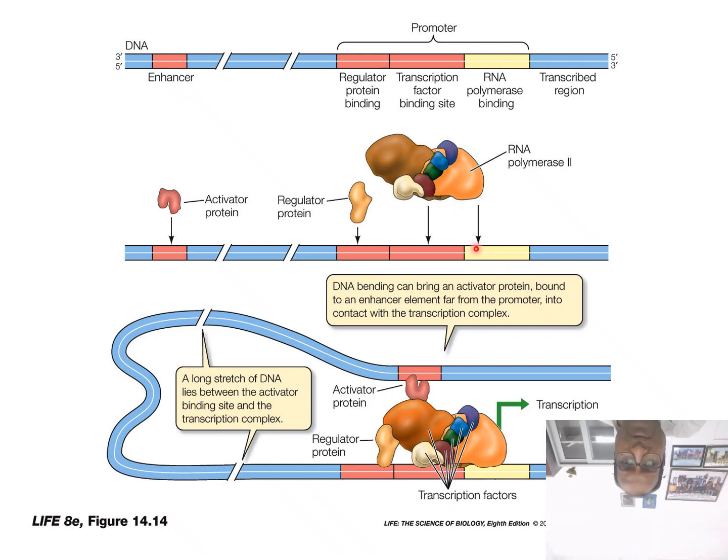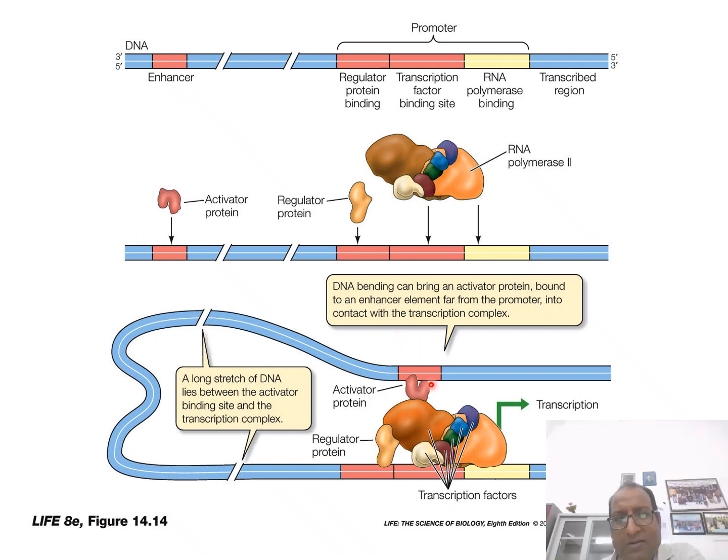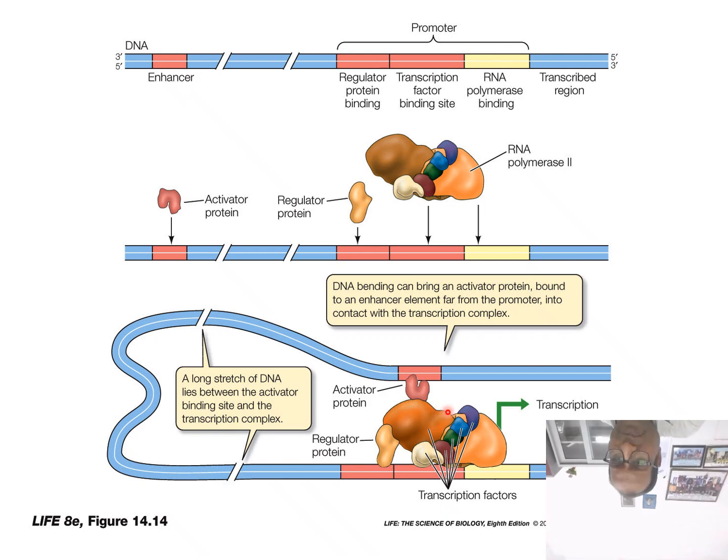Once it is bound to this site, the activator protein along with the enhancer sequence loops back and binds to the set of transcription factors. The DNA creates a bend, the DNA chromatin fiber makes this loop formation. See how a long stretch of DNA lies between the activator binding site and the transcription ground.